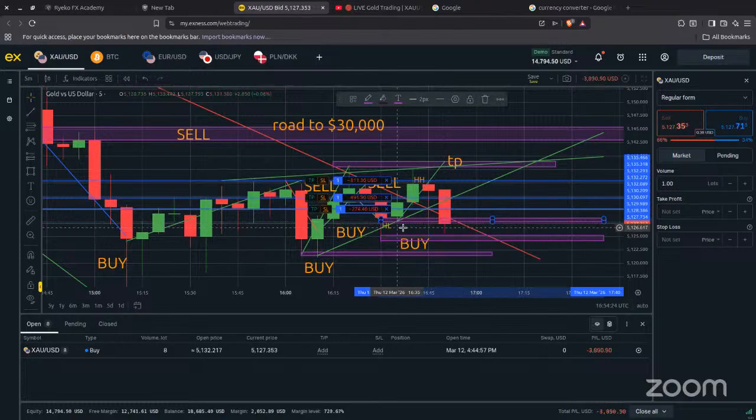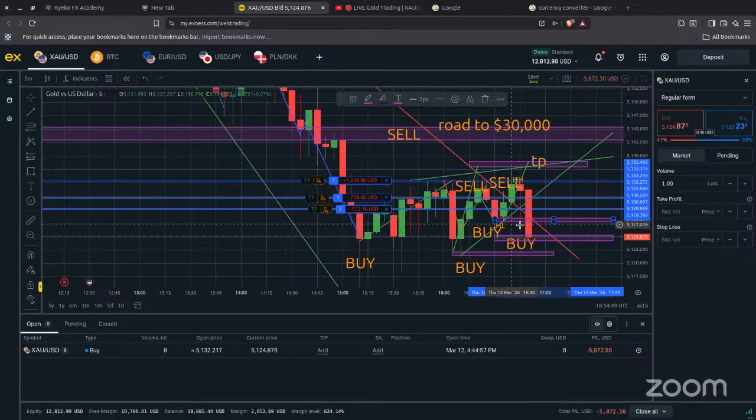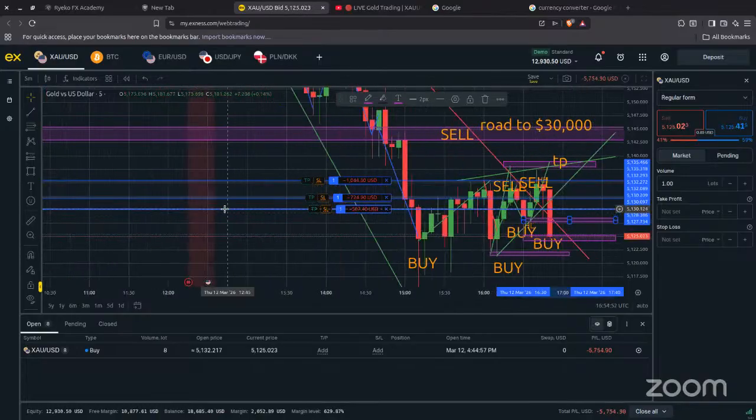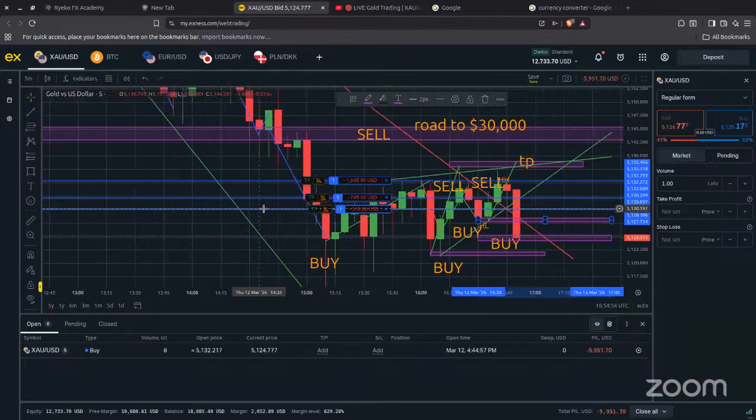Because if it closes below this one, it means it has created a big reversal. That's what I didn't want.